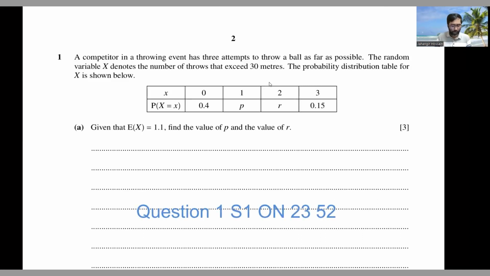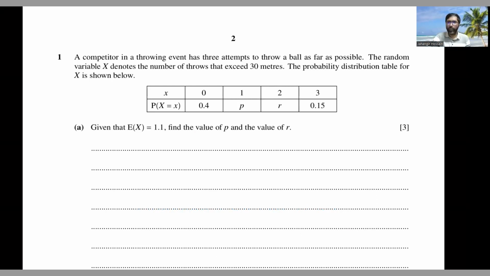In question 1, a competitor in a throwing event has 3 attempts to throw a ball as far as possible. The random variable X denotes the number of throws that exceed 30 meters. The probability distribution table for X is shown below.